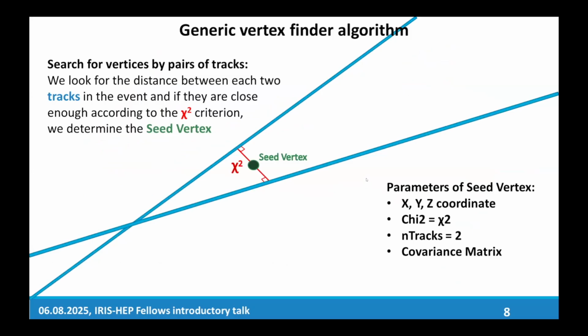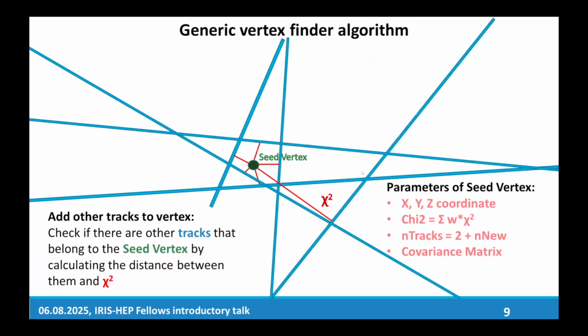So in the previous IRIS-HEP Fellows Program 2024, an algorithm with the main stages of building these GDVs was implemented, and I want to shortly describe how it works. In the first stage, we compare every 2 tracks in the event, and if they are close enough according to the chi-square criterion, we build a so-called seed vertex, which is a future candidate for the real vertex.